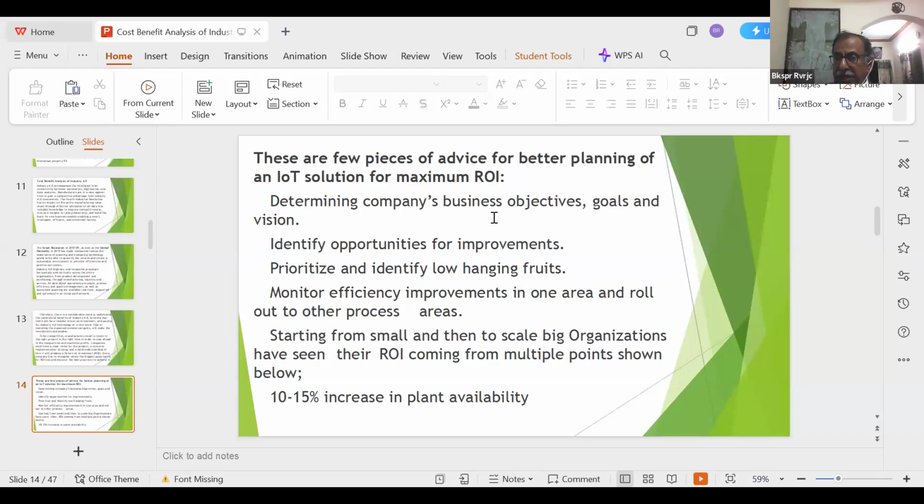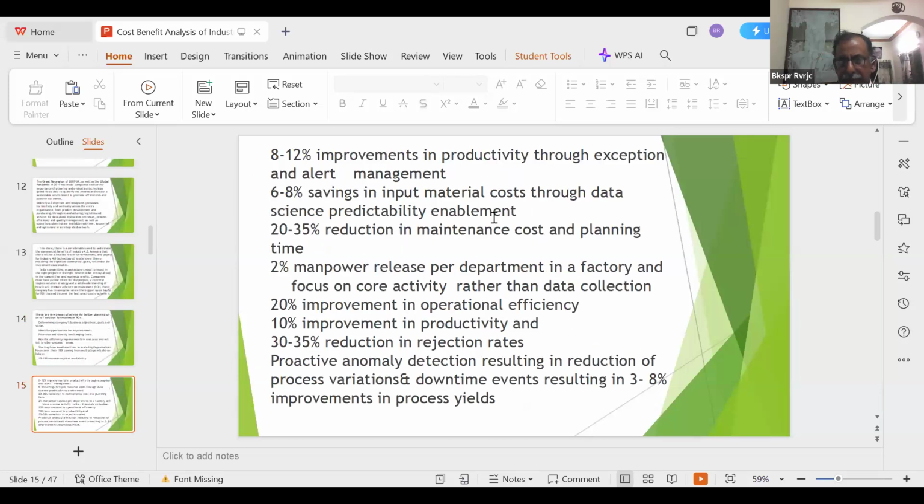10 to 15% increase in plant availability, 8 to 12% improvements in productivity through exception and alert management, 6 to 8% savings in input materials cost through data science predictability enablement, 20 to 35% reduction in maintenance cost and planning time, 2% manpower release per department in a factory, and focus on core activities rather than data collection, 20% improvement in operational efficiency, 10% improvement in productivity, and 30 to 35% reduction in rejection rates.